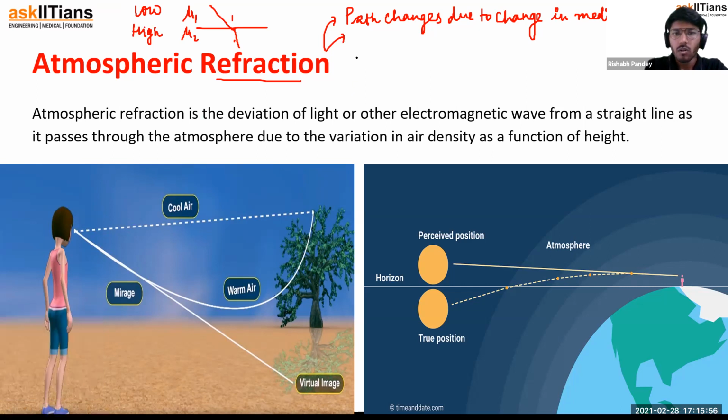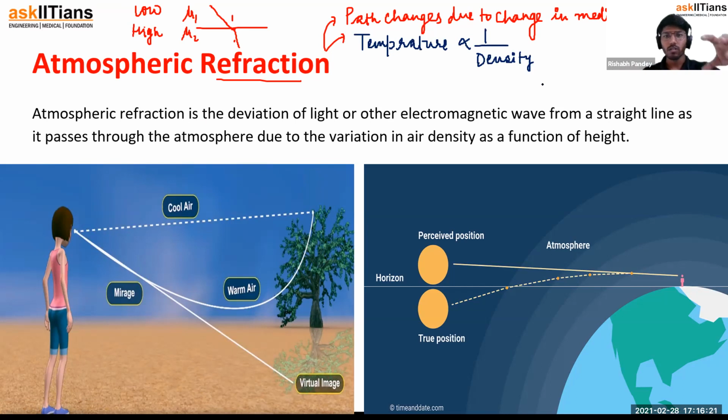We should know that temperature is inversely proportional to density. That means if I increase the temperature, the density will decrease. If I decrease the temperature, the density will increase.